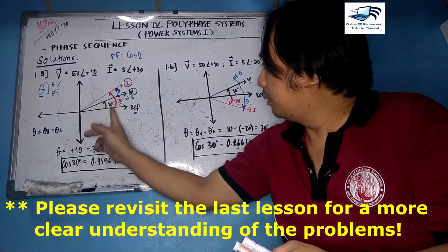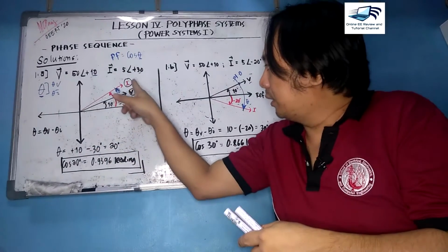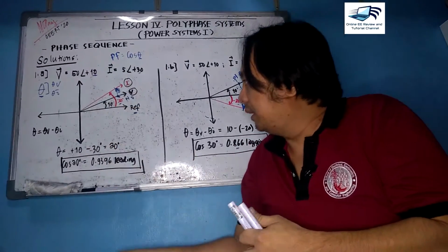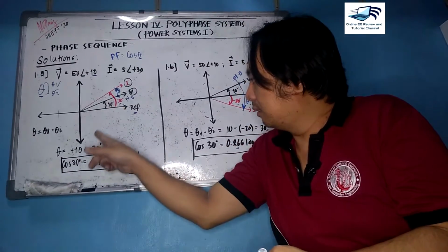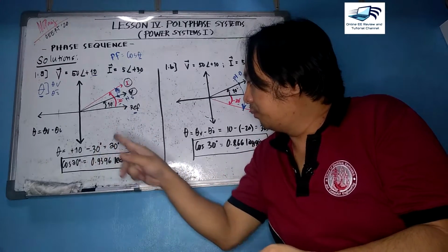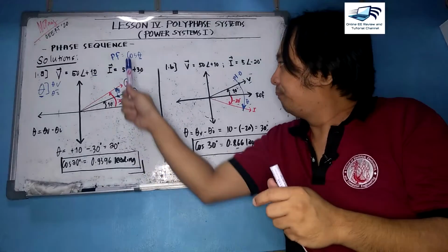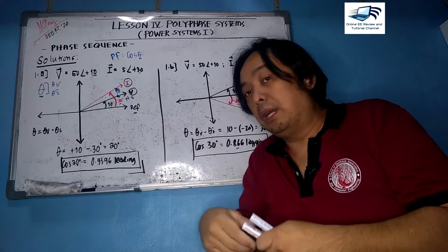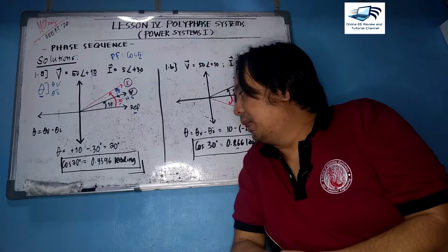So here, positive 10, positive 30, so that is the voltage and the current respectively. So get the difference between those angles. So 30 minus 10, you have 20 degrees, and our main goal is to get the power factor. So the power factor is cosine of the angle. So that is cosine 20, which is 0.9396.